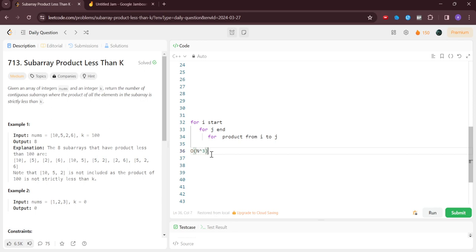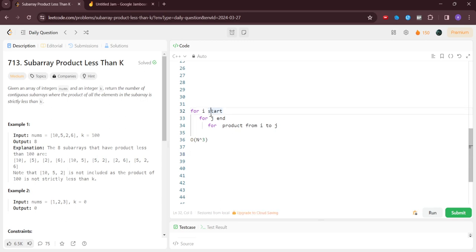Let us try to optimize this solution, where we have 3 loops, so that we use only 2 loops. Let us take this example where we take i, and then j. Now we want the product from i to j.